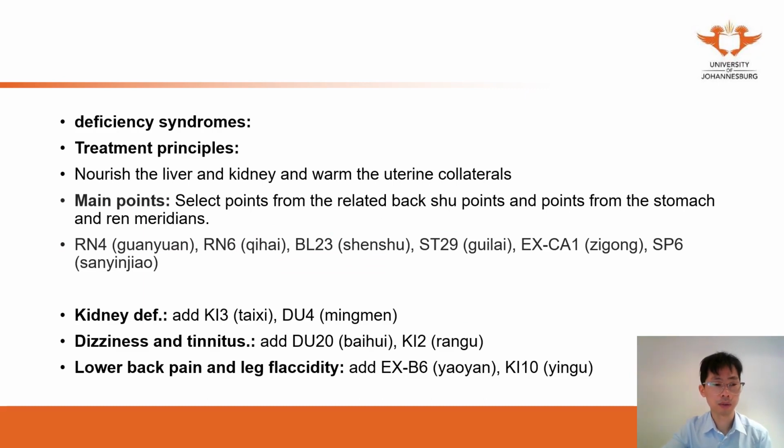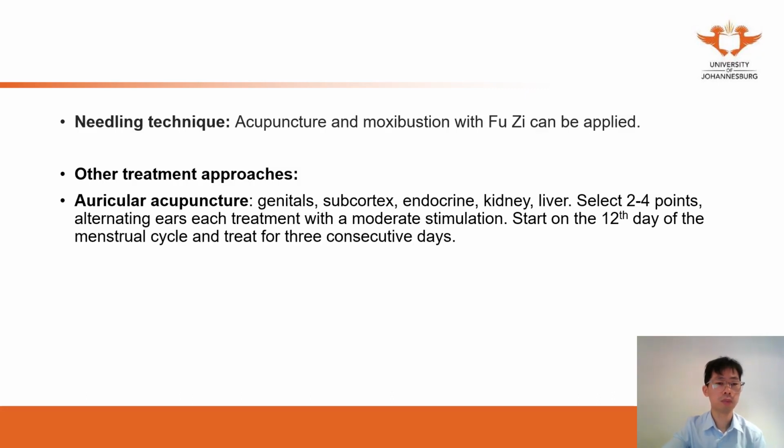For deficiency, you will use points on the Ren meridian, Ren 4, Ren 6. You also can use the combination of acupuncture and moxibustion, Kidney 3, Ren 4, Ren 20. The general principle here is acupuncture and moxibustion with foods.